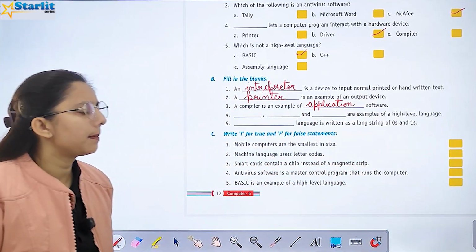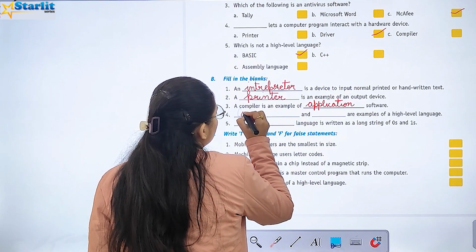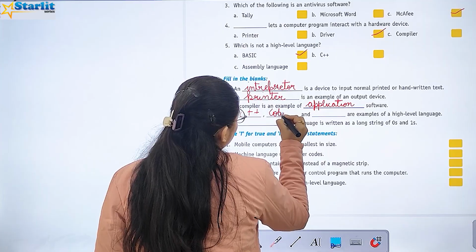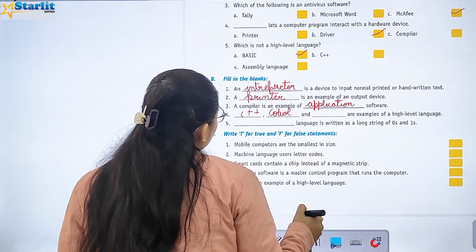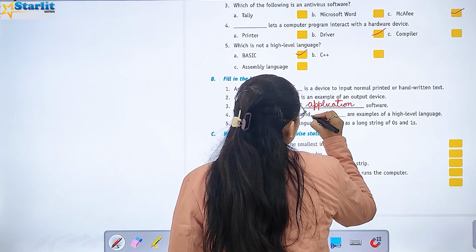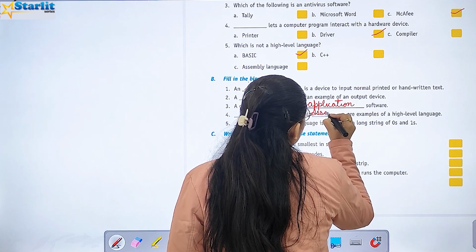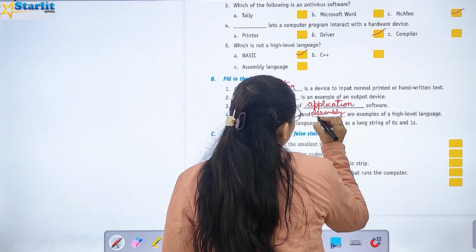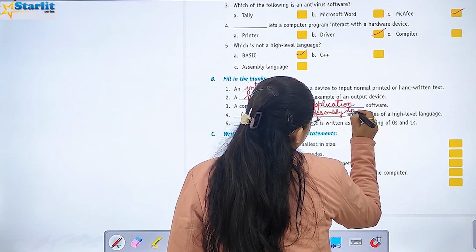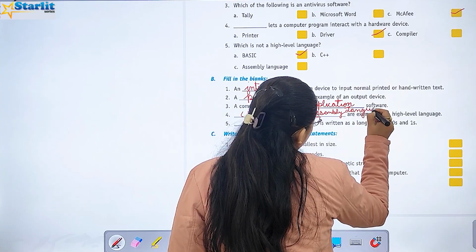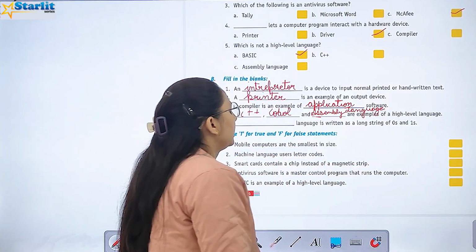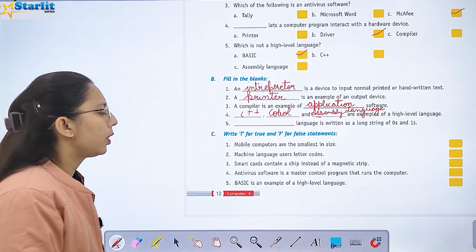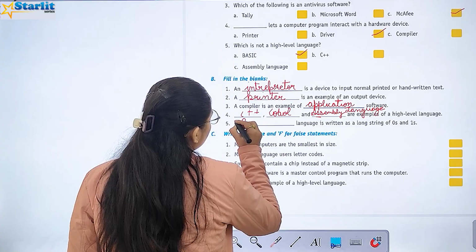Dash, dash, dash are examples of high level language. CCC, COBOL, and assembly language. Next is dash language is written as a long string of 0s and 1s, binary.